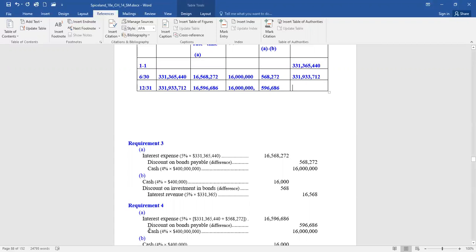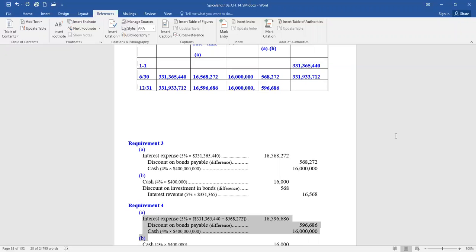You could see the journal entry down here. Debit interest expense for the 16,596,686, credit cash, and the difference is credited or reduces the discount account. Now remember the impact that has on the carrying value. It increases it. If we decrease the discount amount, we're subtracting less from the face value to get the new current carrying value.